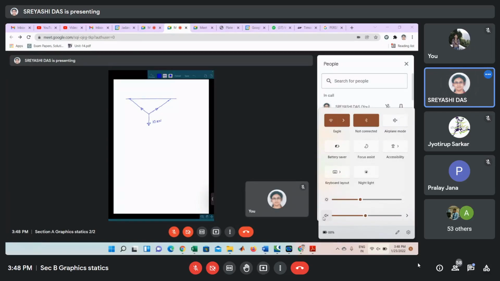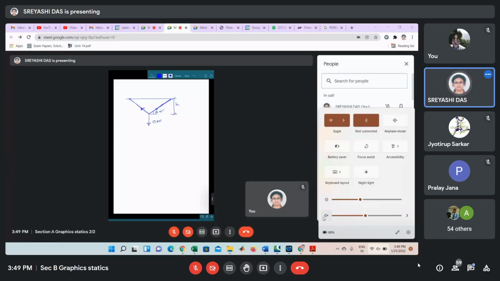So if this bar, this rod, we know the length of this rod, so this angle is known to us. This angle is known to us. This depth is known to us. So how can we find the forces that are coming in these two strings?